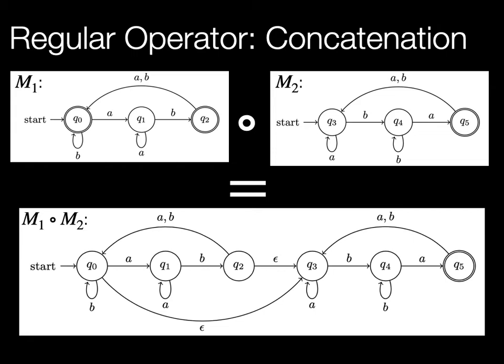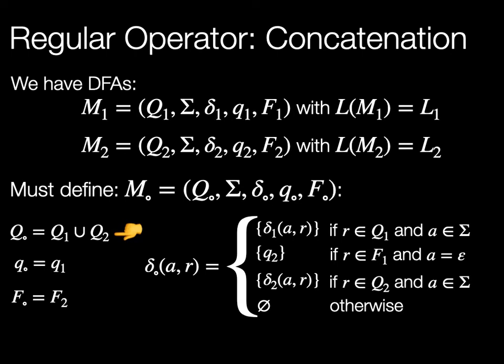We have to add epsilon transitions from every final state in M1 to the start state of M2. Then turn off the final states from M1, because we only want to accept when we get a word that M1 accepts the first part of and M2 accepts the second part of. We only accept when M2 accepts. We can now define the formal definition.